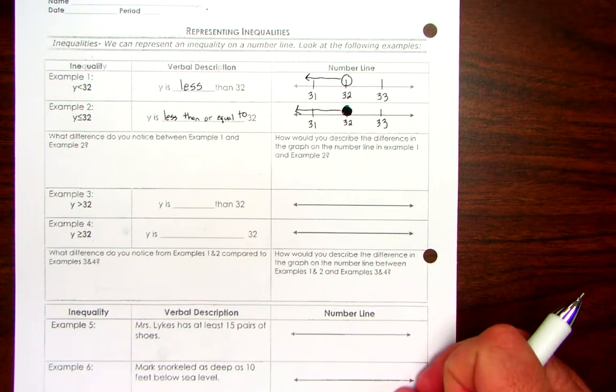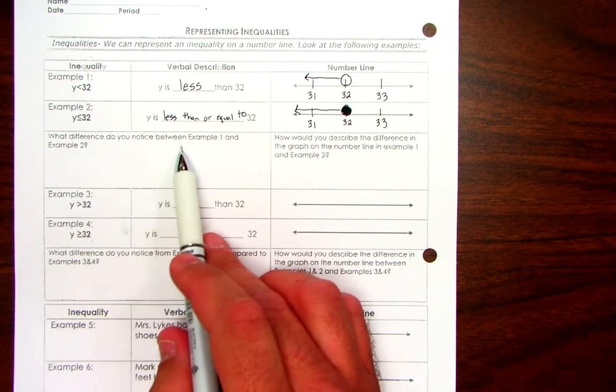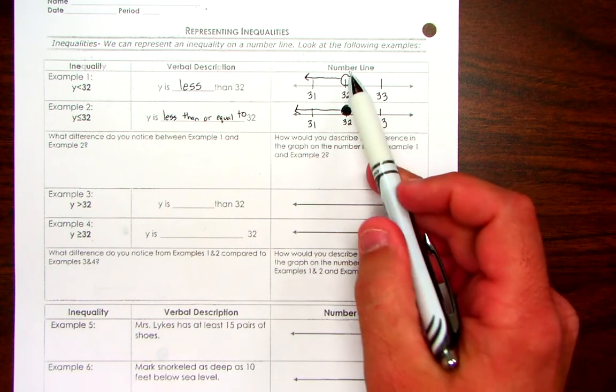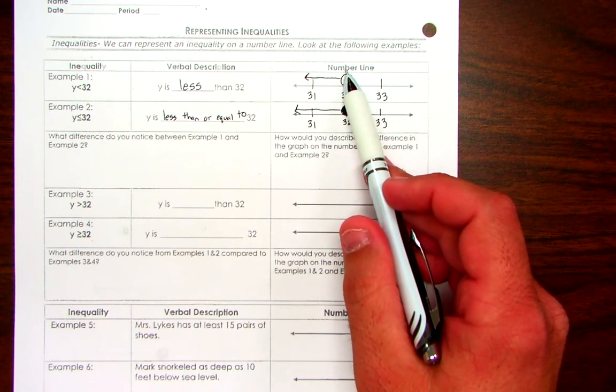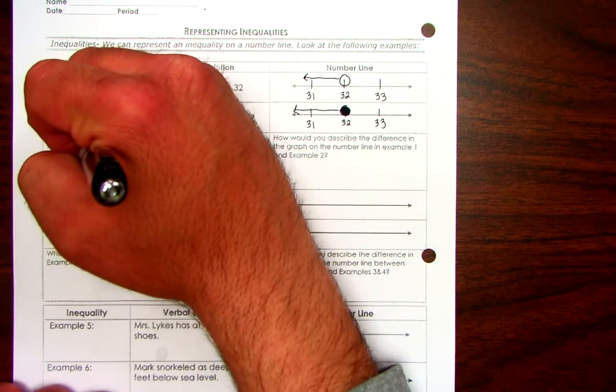All right. What difference do you notice between example 1 and example 2? Well, 1 is not shaded, so the dot is not part of the solution. Or let's do this.